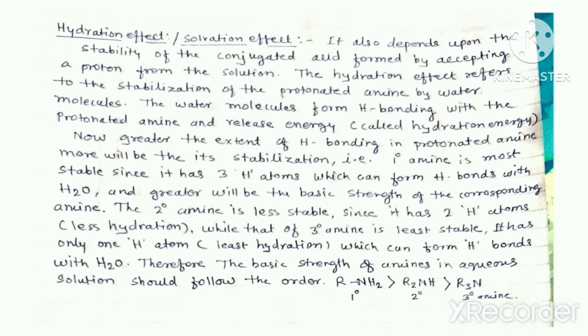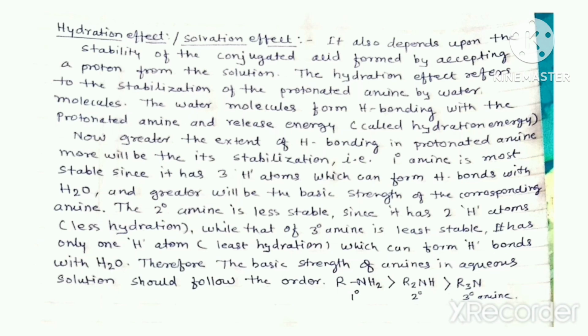That is, the primary amine is more stable since it has three hydrogen atoms which can form hydrogen bonds with water, and greater will be the basic strength of the corresponding amine. The secondary amine is less stable since it has only two hydrogen atoms, so less hydration takes place. The tertiary amine is least basic, as it has only one hydrogen atom and least hydration takes place.